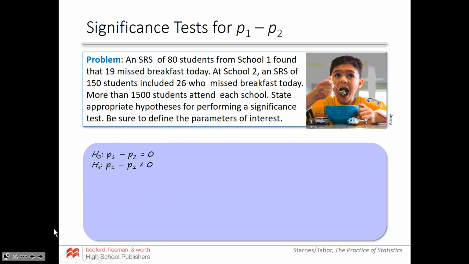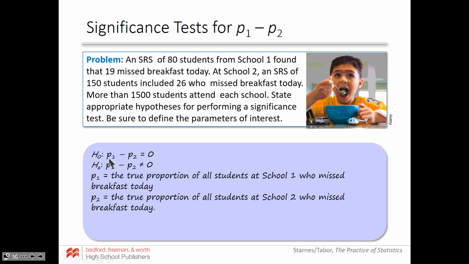We're going to assume that there's no difference between the population percent, or the true proportion, of all students at school 1 minus the true proportion of all students at school 2 who miss breakfast. We want to assume that there's no difference between those two things.